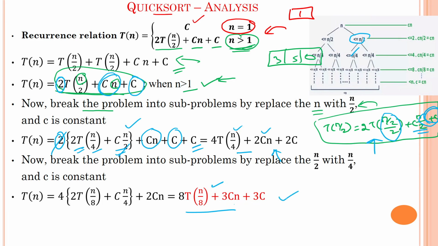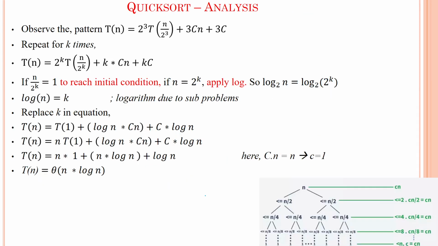Now here you observe the pattern. Here we are having the 3, so we can get 8 by substituting 2 power 3. So here also we can substitute 2 power 3. When you are substituting that, you will get the time complexity 2 power 3 times t of n by 2 power 3 plus 3n into c plus 3c.